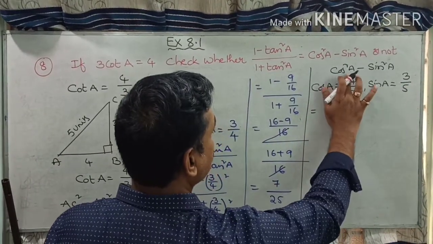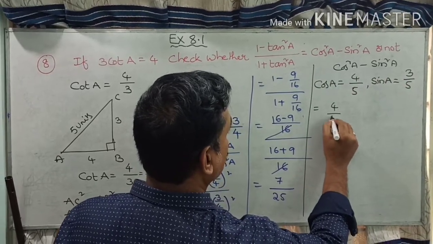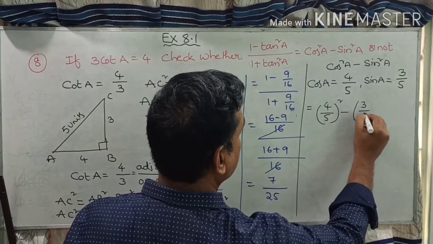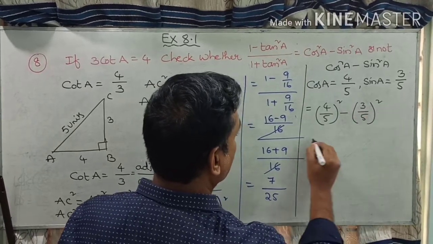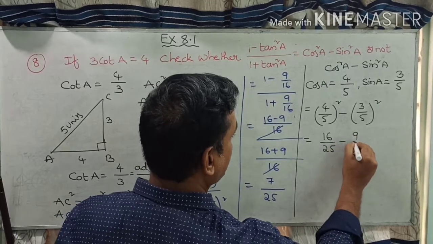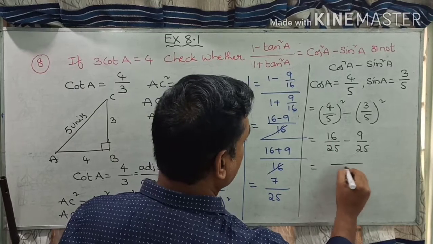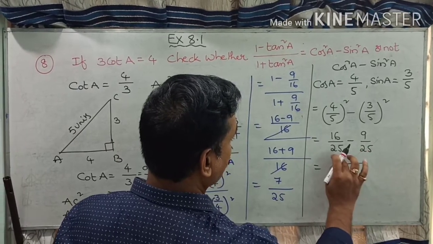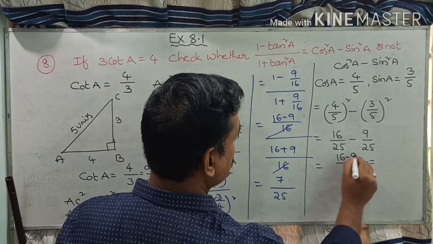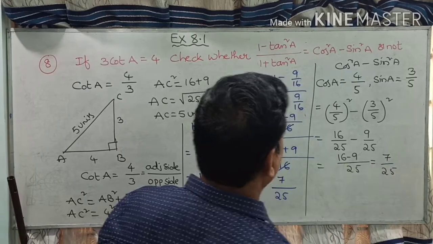Now substitute: instead of cos square A minus sin square A, place (4 by 5) whole square minus (3 by 5) whole square. 16 by 25 minus 9 by 25. The denominators are equal since they are like fractions, so numerators we can directly subtract: 16 minus 9 equals 7 by 25.